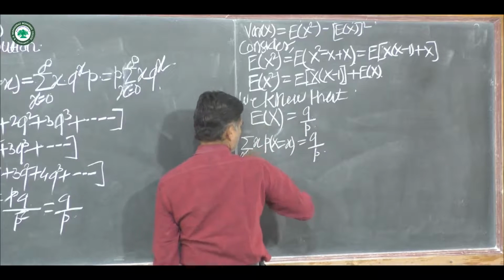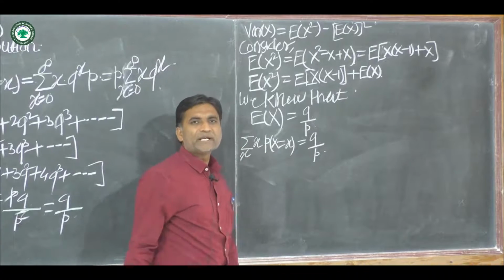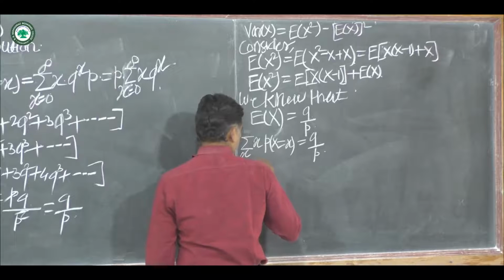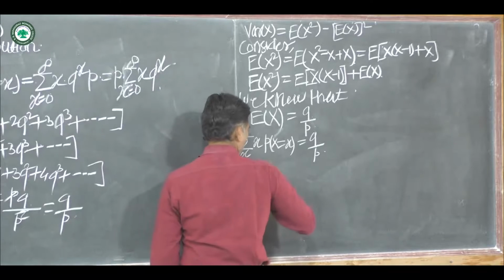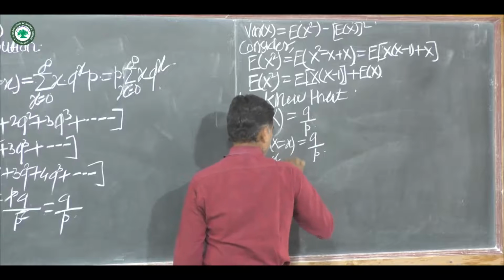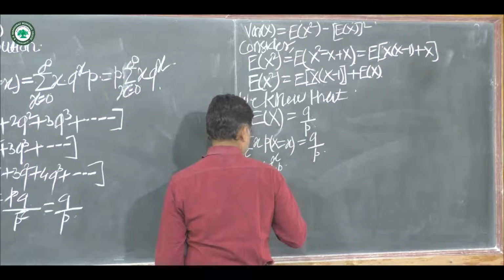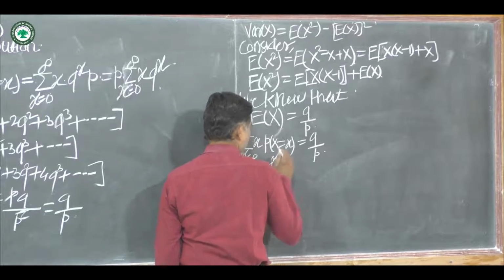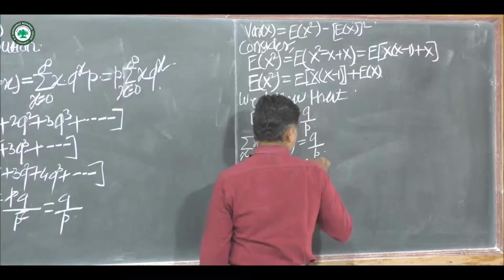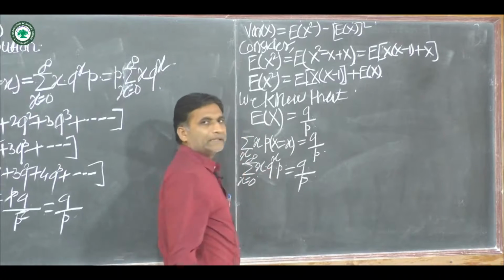Here is summation over x. Now substitute here the probability mass function of geometric distribution. Then we have summation of x into q raised to x into p, summation over x running from 0 to infinity, which is equal to q upon p.